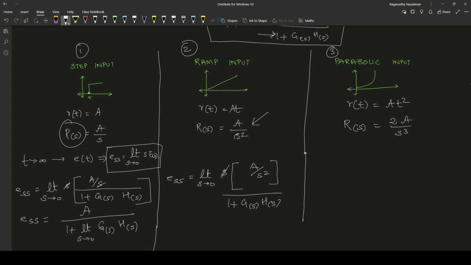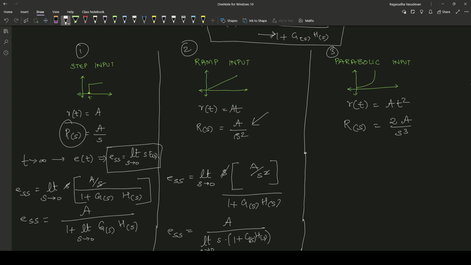So these two will get cancelled, and what is the steady state error? It is A divided by limit S tends to 0, S into (1 plus G(S) H(S)).